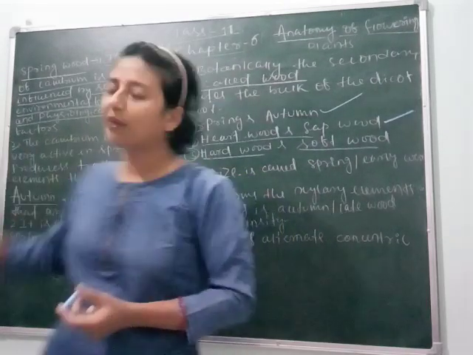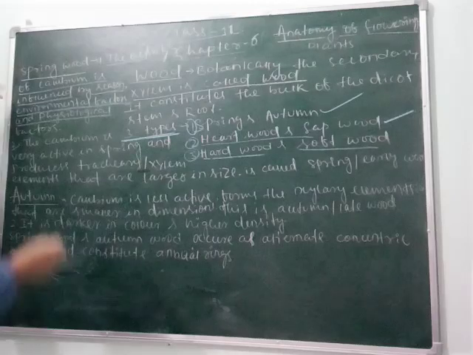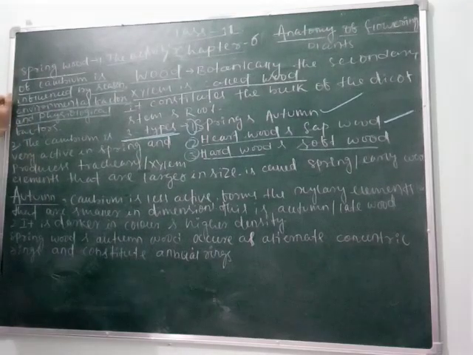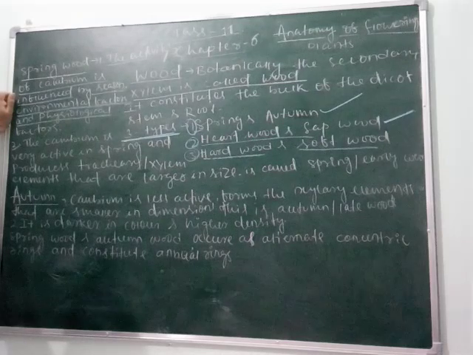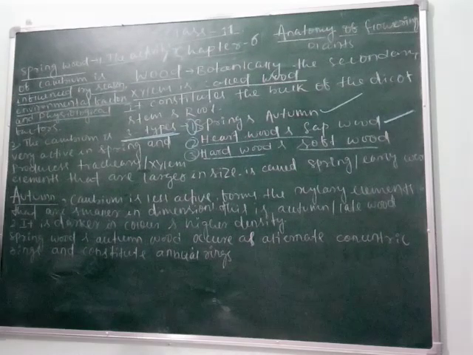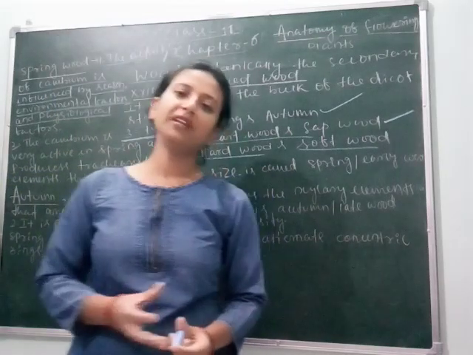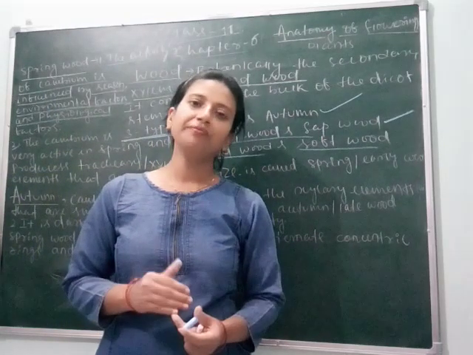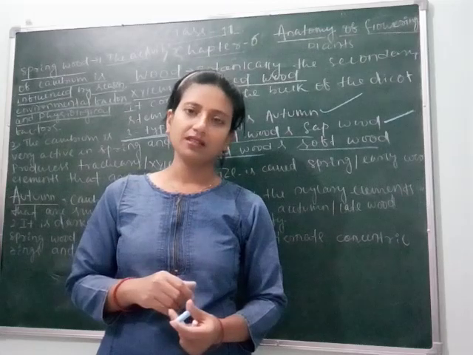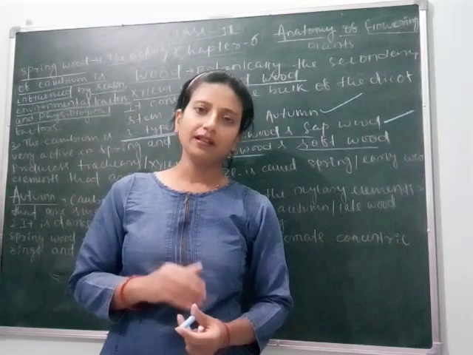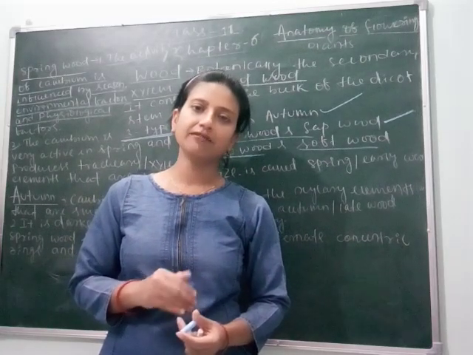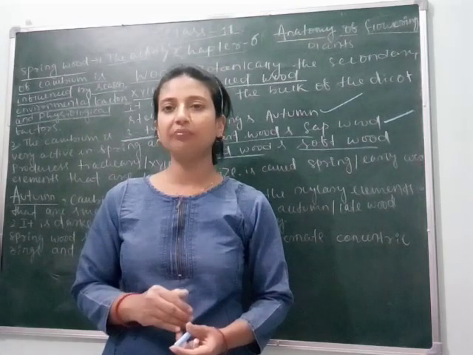Here exactly what happens: in plants, the cambial activity is very active in spring season and produces xylem elements. The xylem has four elements, clear? Like I have told you: tracheids, vessels, xylem parenchyma and xylem fibers.